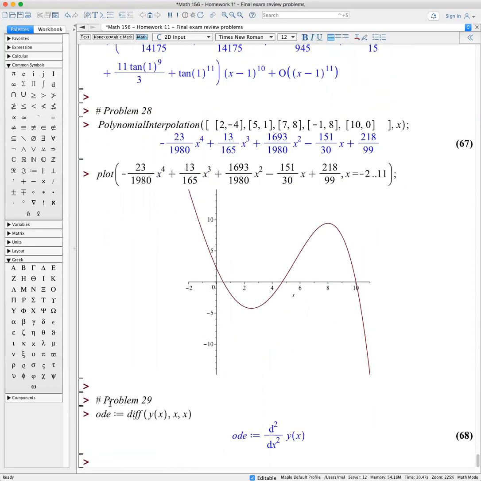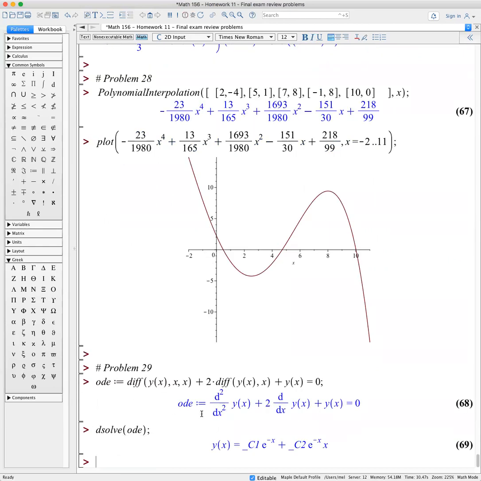That's the second derivative, plus 2 times the first derivative plus the function y of x equals 0. So that is my differential equation. If I say D-solve ODE, I get the solution.